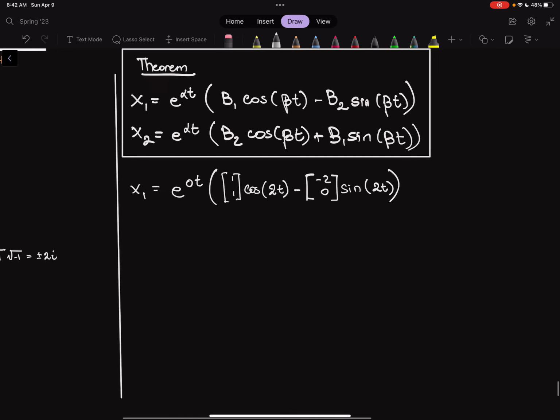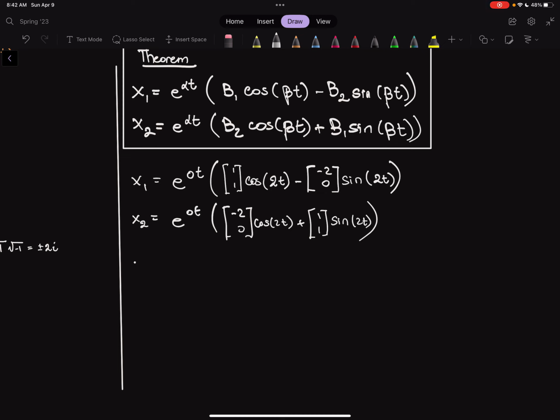Now we close this, and then we write x2: e to the 0t, negative 2, 0, cosine of 2t, plus 1, 1, sine of 2t. And so now we can say that our complementary solution is a linear combination of these two solutions. This becomes 1 because anything to the 0 power becomes 1.